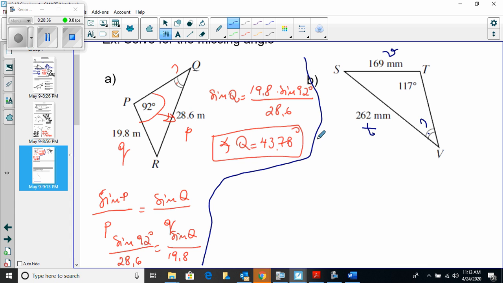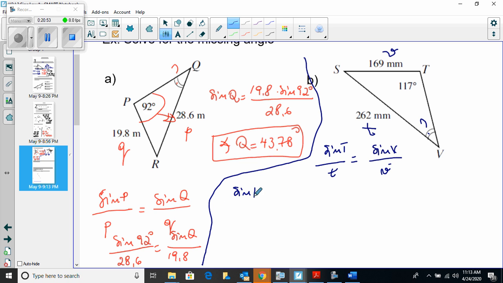So let's write the sine law as sine t over t equals sine v over v, and substitute it.